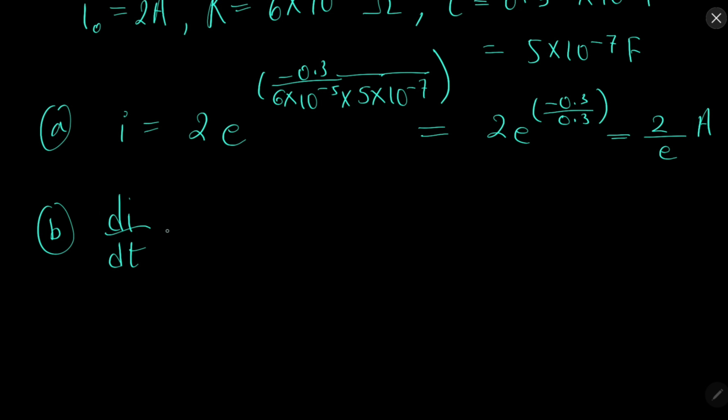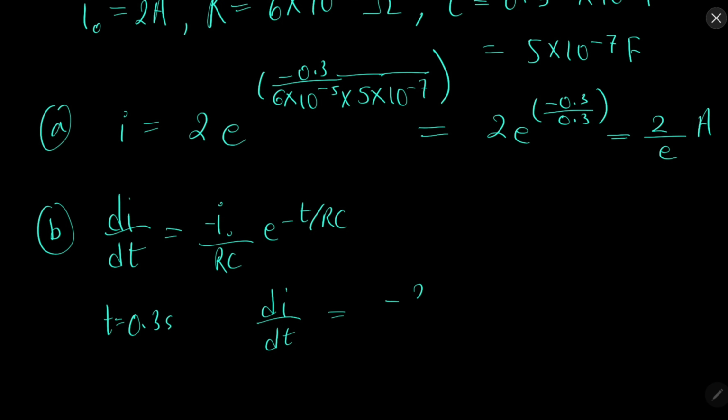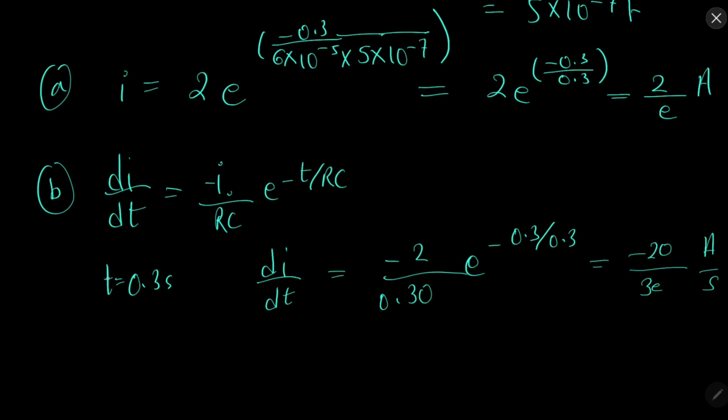Rate of current, so di by dt, we will have I naught over RC e to the power minus t over RC. Time is 0.3 seconds, so di by dt is minus 2 over 0.3 e to the power minus 0.3 over 0.3, so we will have minus 20 over 3 ampere per second.